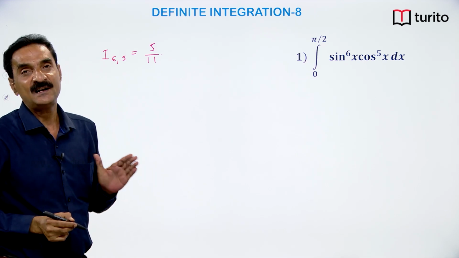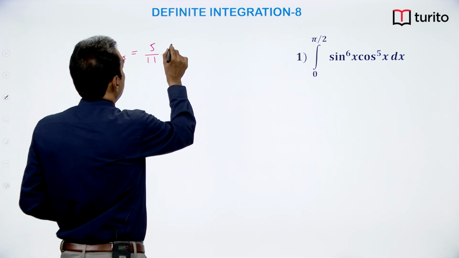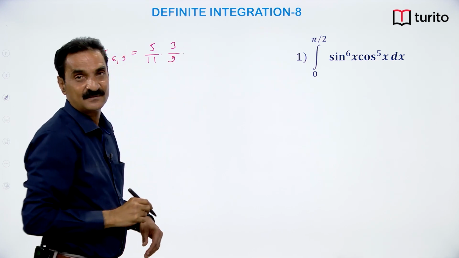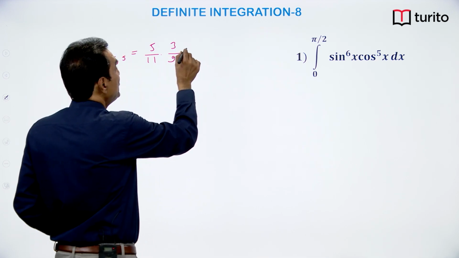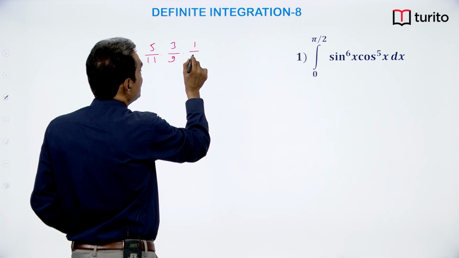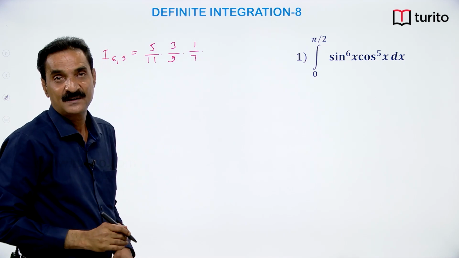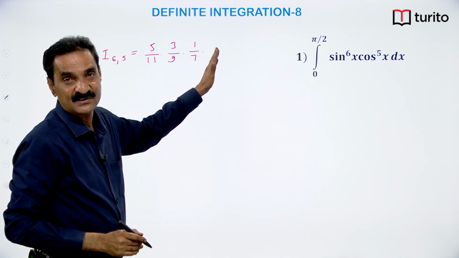Subtract 2 from the numerator and 2 from the denominator, it becomes 3 by 9. Again you can subtract one more time. 3 minus 2 is 1, 9 minus 2 is 7. That is all, you cannot subtract further.